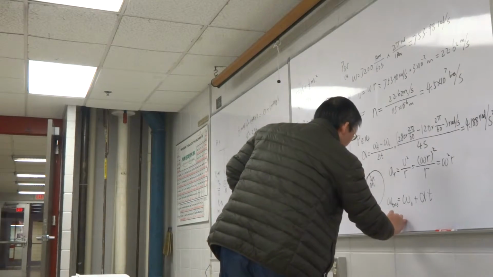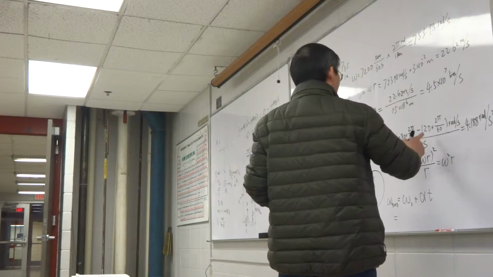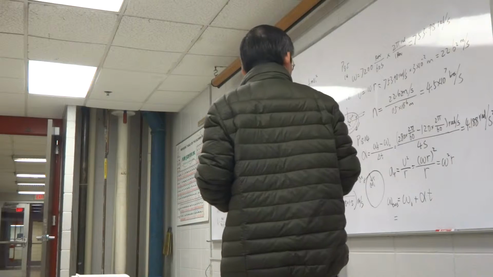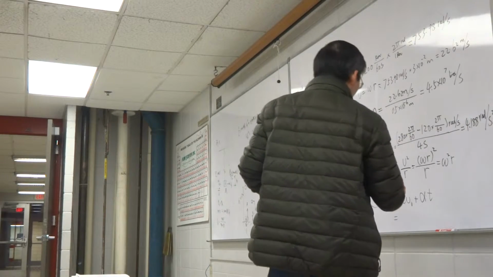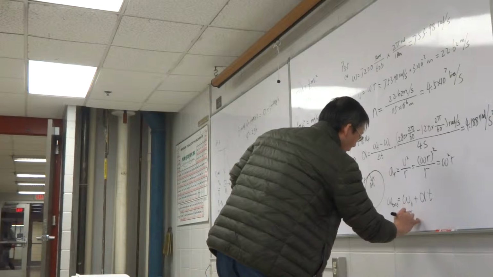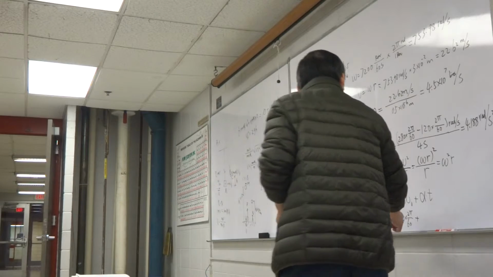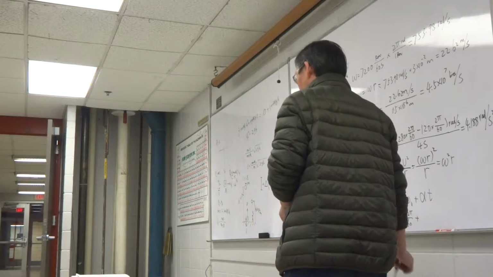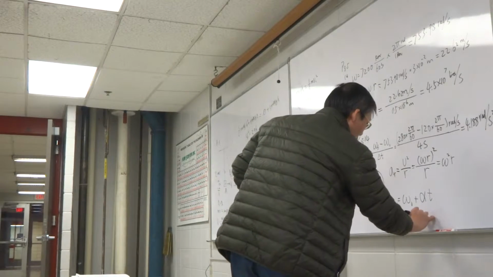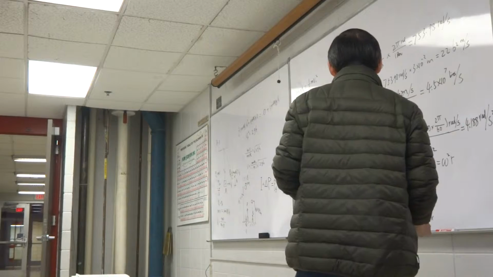So the initial angular speed is just this one, 120 rpm, but we need to convert to radians. So it should be 120 times 2 pi divided by 60 seconds. This one you get radians per second, then plus the acceleration 4.188 times the t, just 2 seconds, I tell you.